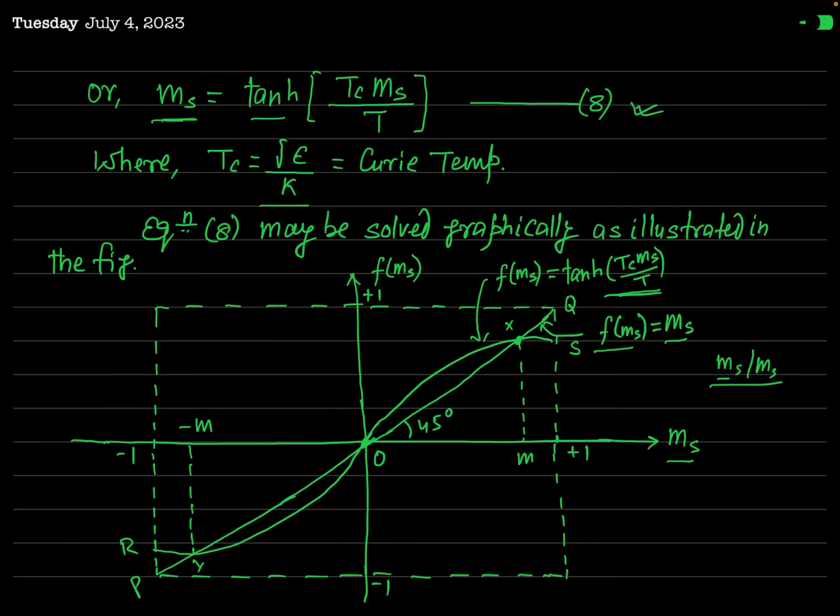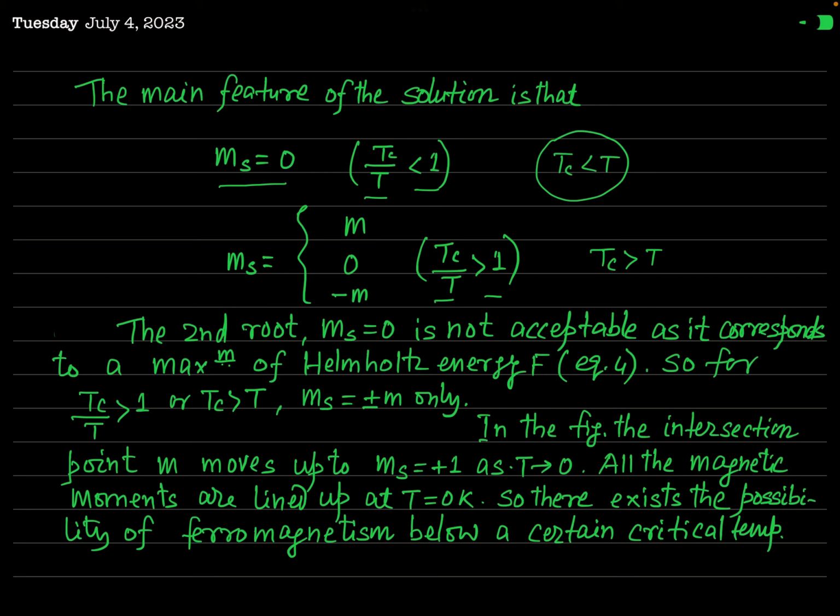For the point of intersection at x, the value of ms I have marked by m, and for the point of intersection at y, the value of ms is minus m, and at the point of intersection at o, the value is equal to 0. So there will be three values of ms in this case: the first is m, another is 0, and the third is minus m.